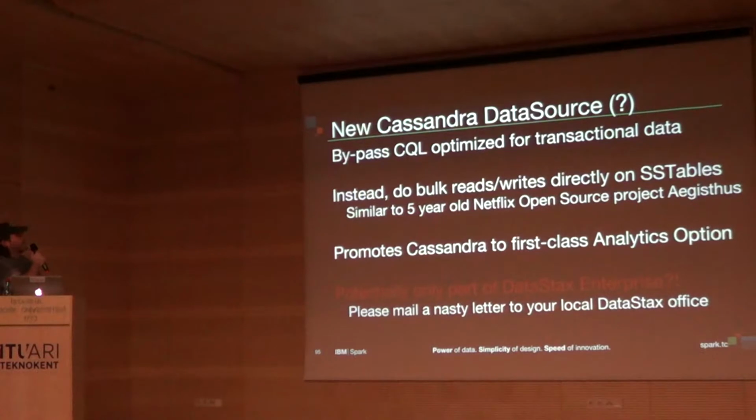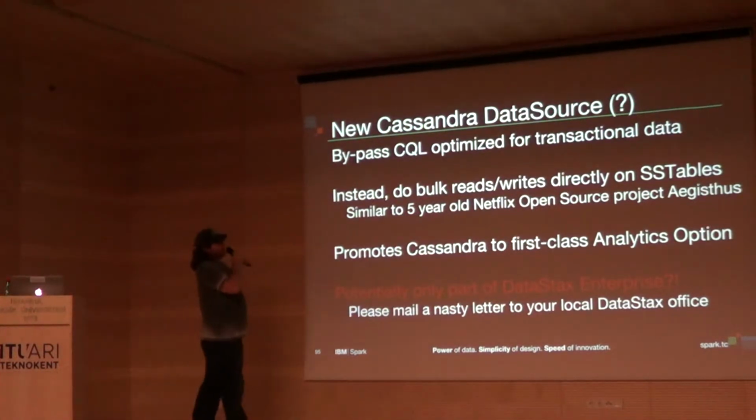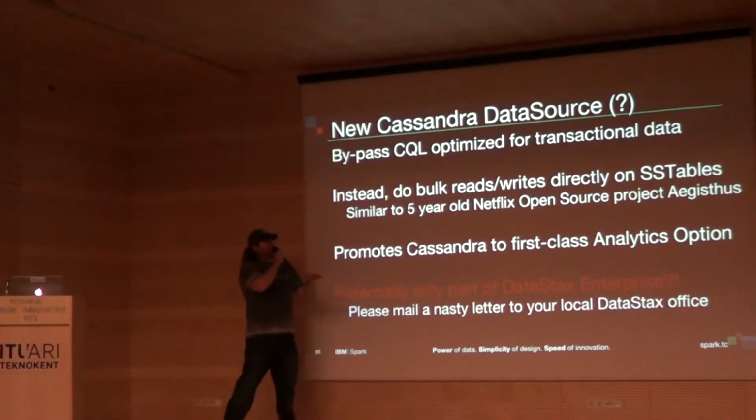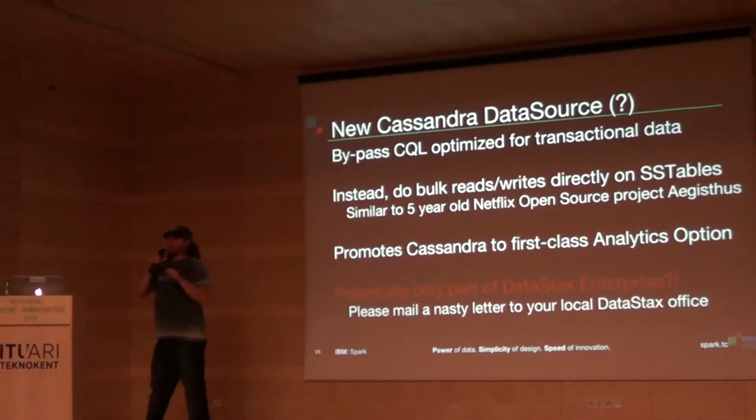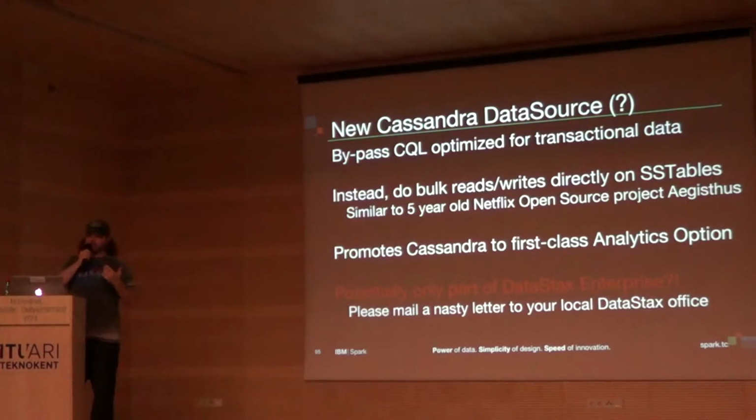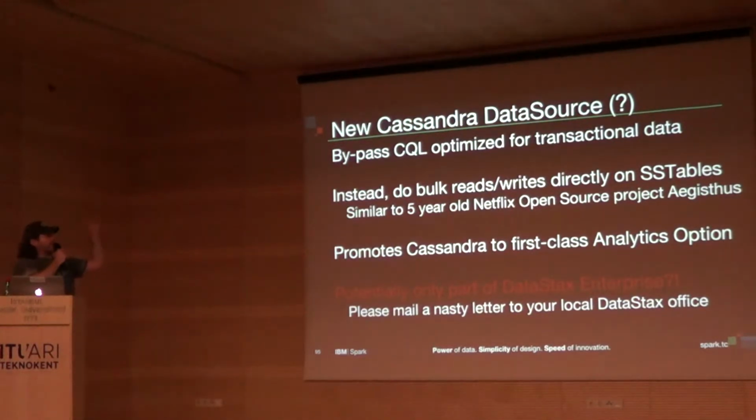Netflix actually did this about 5 years ago, where they needed to get to the Cassandra data in the fastest way possible for big analytics workloads. All data at Netflix is basically stored within Cassandra: all the play events, all the browsing events, all that stuff that's being tracked. They needed to pull it into MapReduce so they could crunch it and run the machine learning algorithms.